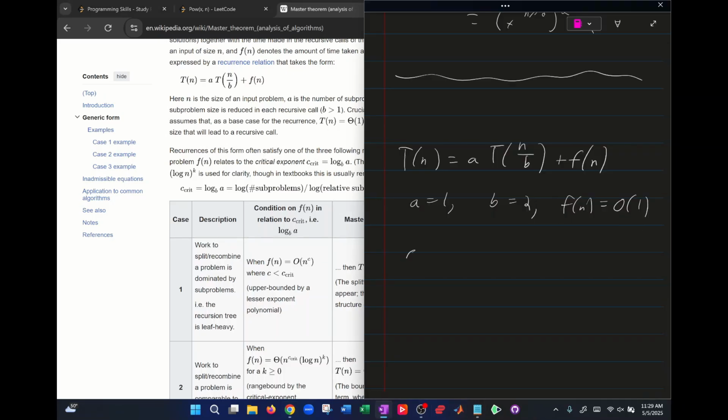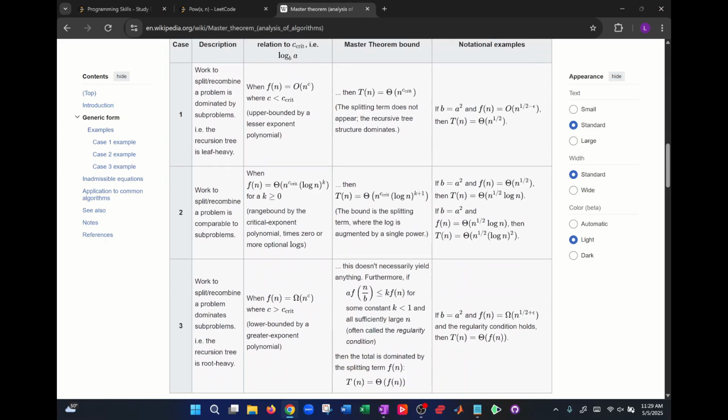So c crit is going to be log base 2 of 1. But regardless of the base, log of 1 is going to give you 0. So this is 0. Okay, so now we look through these cases and see which one applies.